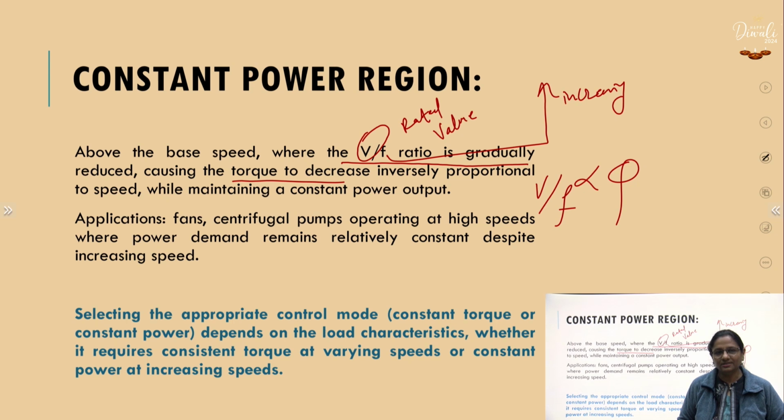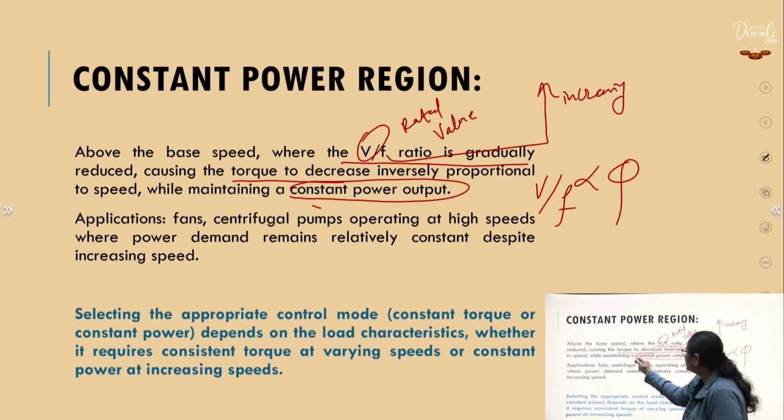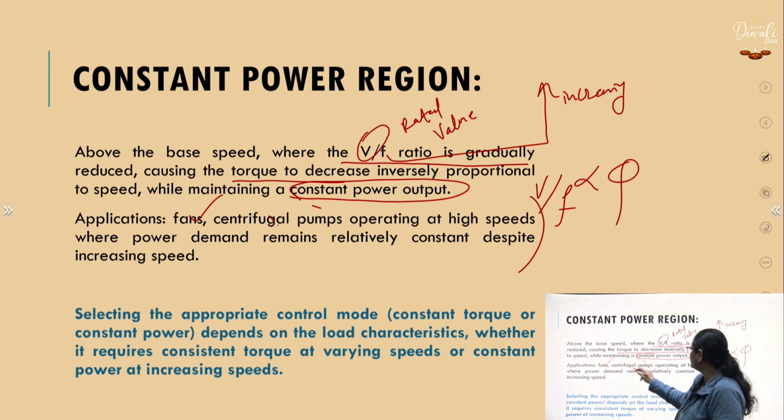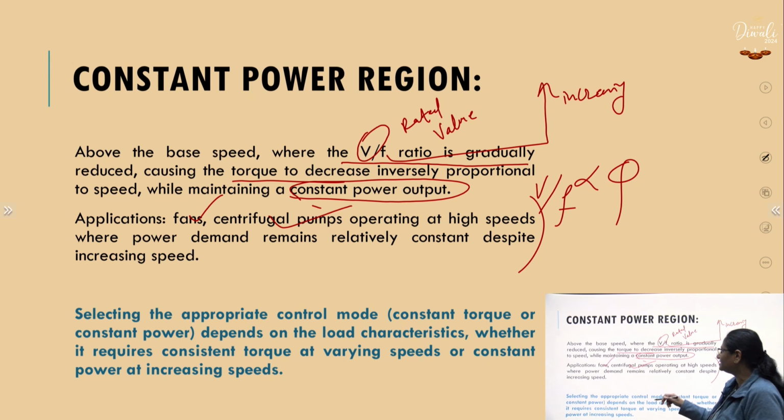So the machine is operating with reduced flux and hence the torque production capability of the machine is compromised. During this operation the machine is actually operating at constant power, which is delivered by the machine. Various applications are fans and centrifugal pumps operating at high speeds, where power demand remains relatively constant despite the increasing speed.